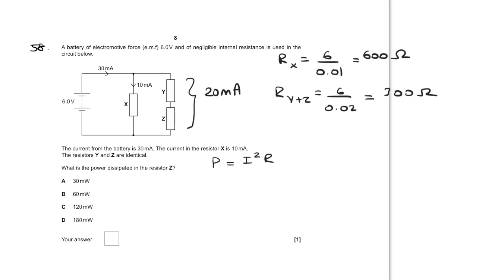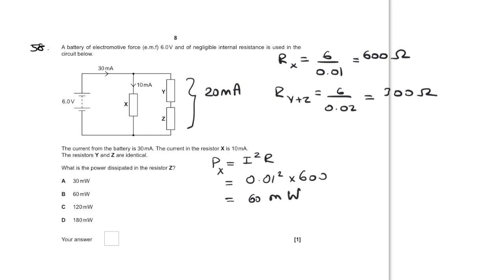Power across X is quite simply 0.01 squared times 600. I can do it in many different ways, but this is what comes naturally to me, so I'm using this formula, and it gives me a value of 60 milliwatts.